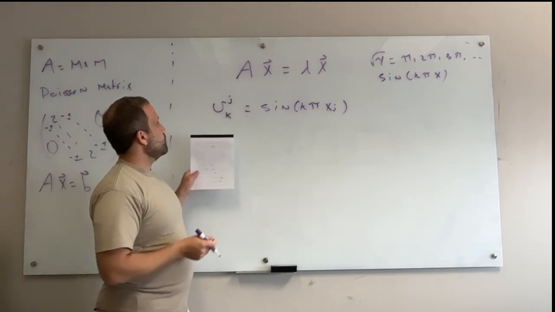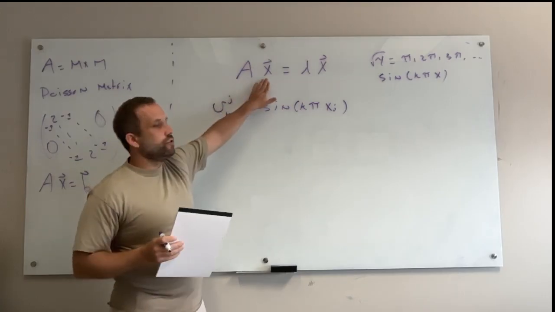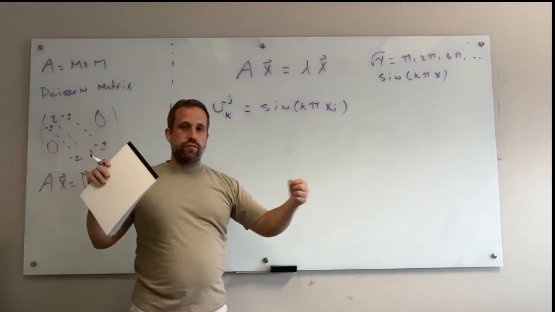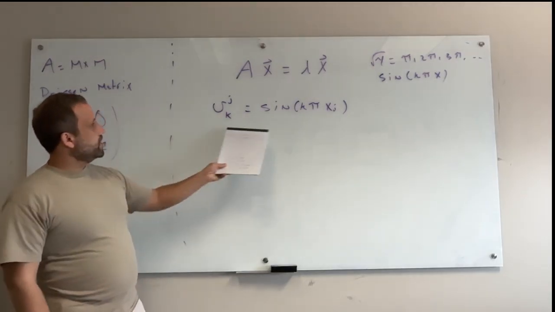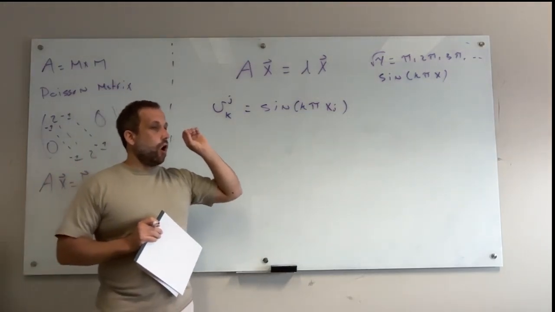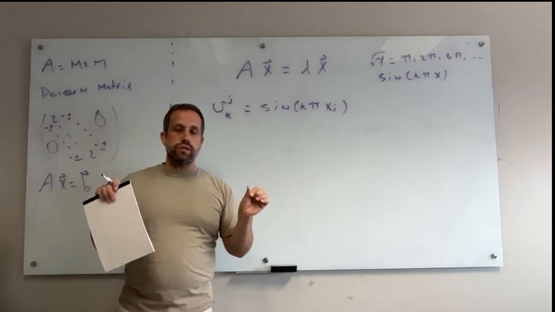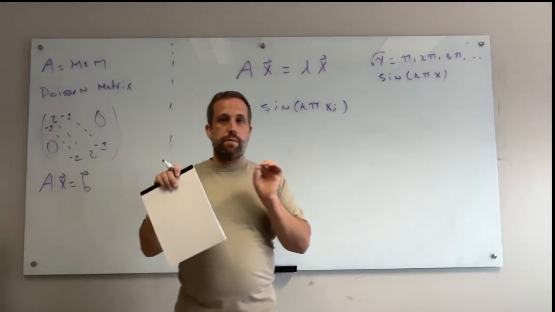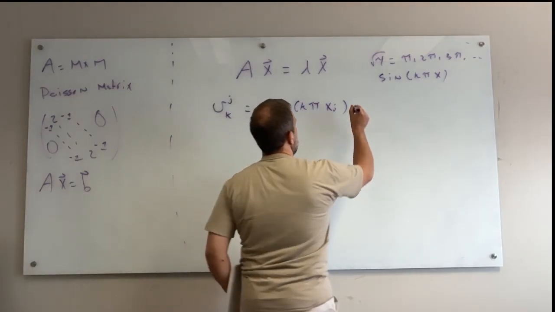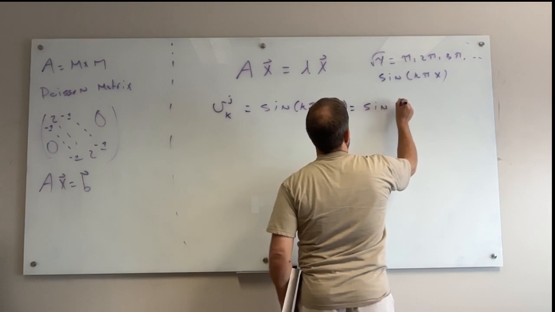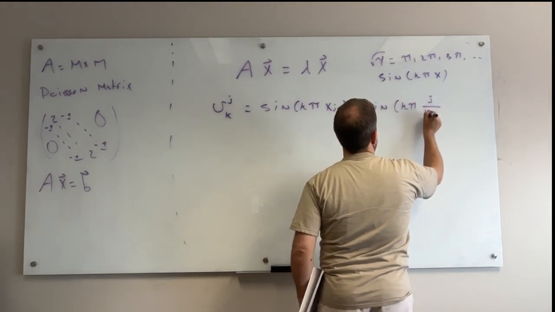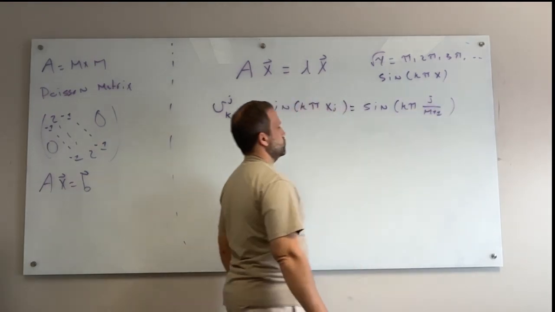So if we're thinking about the entries as being u evaluated at points on the interval from 0 to 1, then this is sine of k pi xj. But remember, if there are m unknowns, this corresponds to m plus 1 subintervals. And so the length of every subinterval is 1 over m plus 1. So this is sine of k pi j over m plus 1.